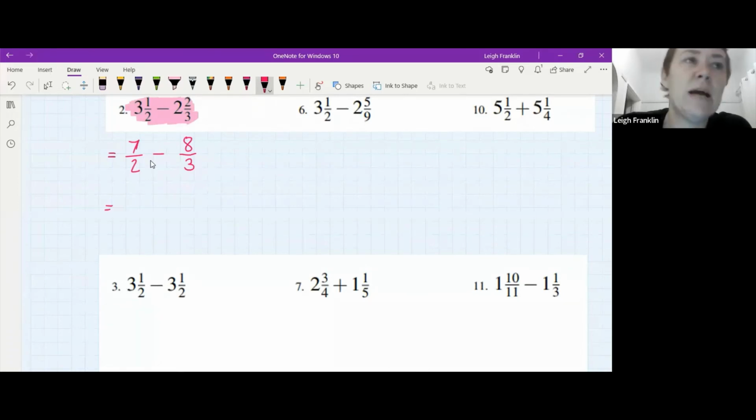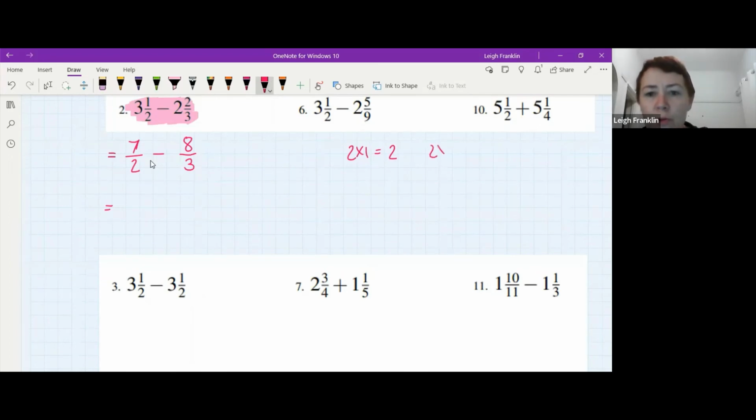So think about your times tables. So 2 times 1 is? 2. 2 times 2 is? 4. 2 times 3 is? 6.